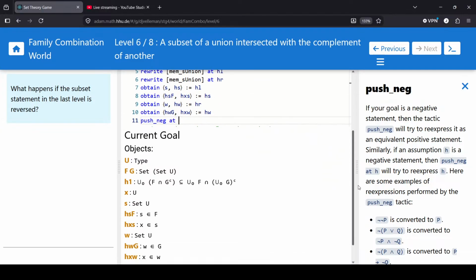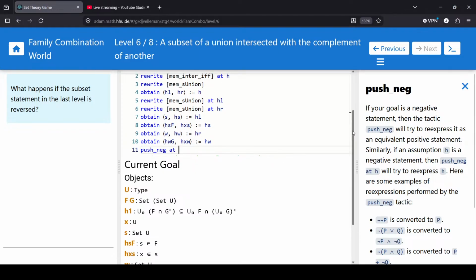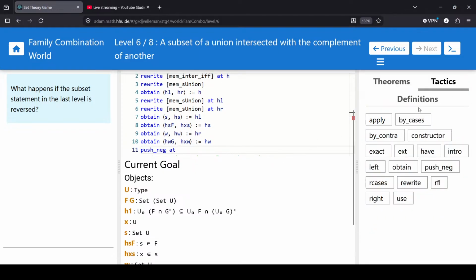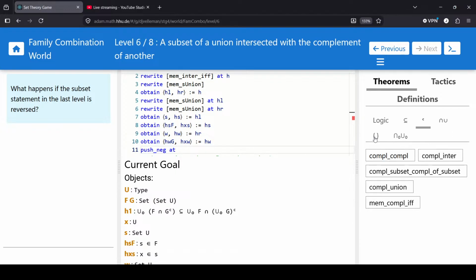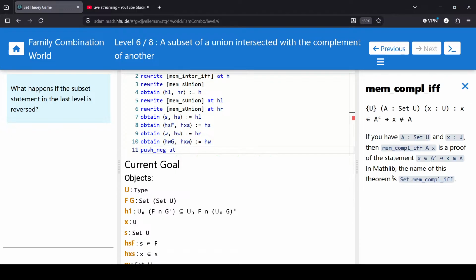Because can I not... I need membership, though. I need membership to do anything like that, because memcomp if requires membership. That's the problem: this requires membership. So all I have here with H1 is a function, right?